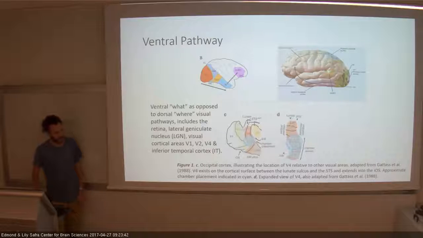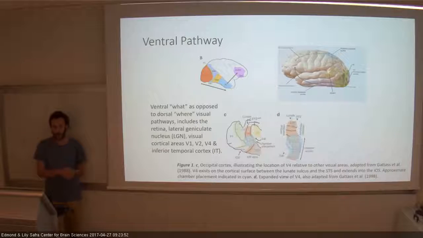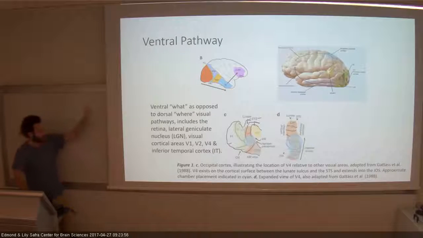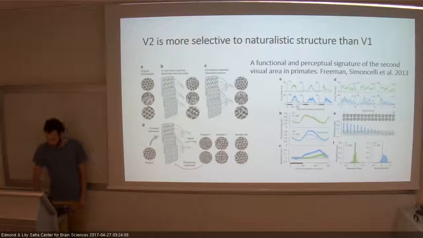Some older papers showed evidence for tuning for more complex stimuli, meaning more complex than simple lines, in V2 and upwards, in V4 and IT. So they already show that it's more selective to complex objects.